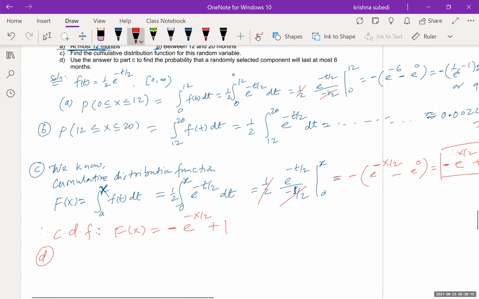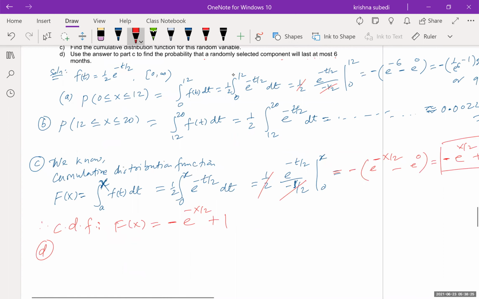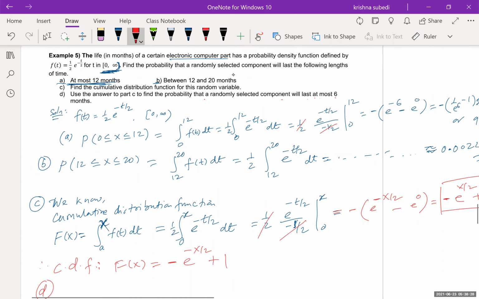In part D, use the answer to part C to find the probability that a randomly selected component will last at most 6 months. You know what? Instead of 6, let's try with 12 months. Okay, let us work with 12 months.